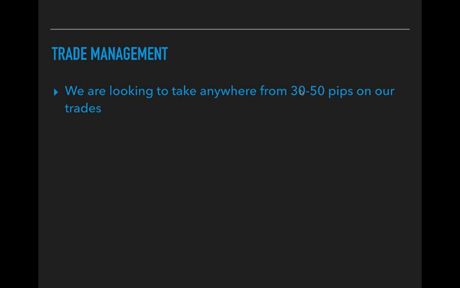I'll even show you taking 30 pips, one trade setup every day. At the end of this presentation, I'll show you a little table. That's really all you need to make a decent amount of income from this. If you're consistent with that, you'll grow your account like crazy.